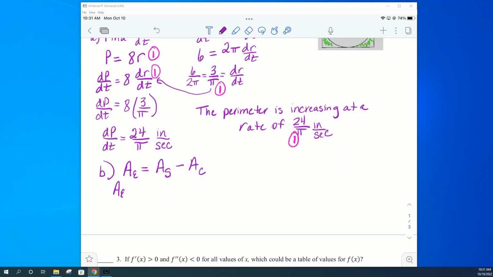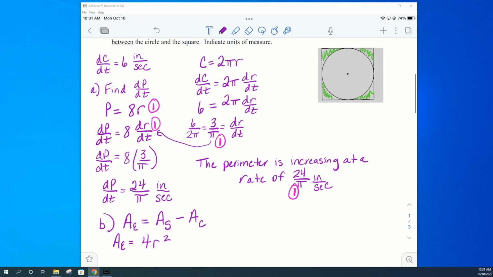Well, the area of a square, I'm doing mine in terms of r, would be 4r squared, because again, we said that one whole side was 2r. So the area of the square would be 2r squared or 4r squared. Minus the area of the circle, we know that that is pi r squared.